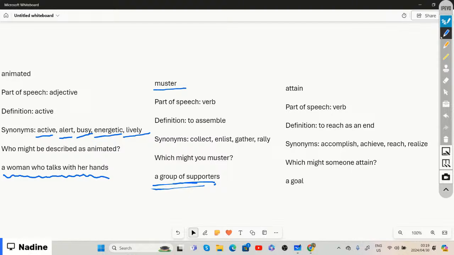And the synonyms of attain are accomplish, achieve, reach, or even realize, right? And the word attain is a verb.